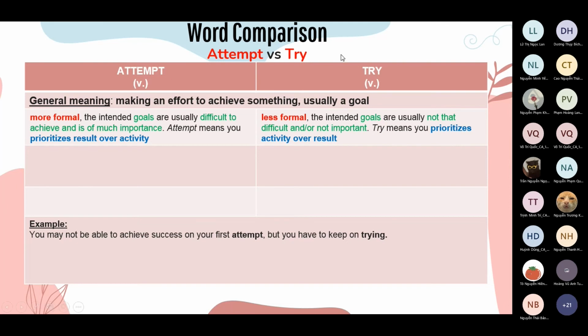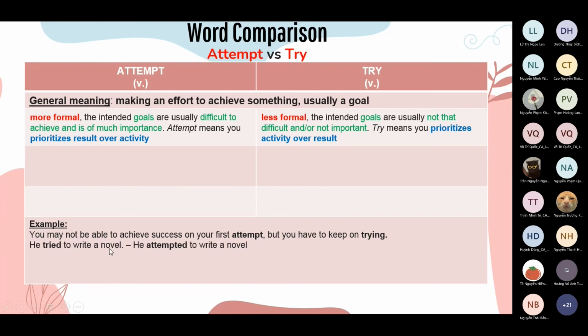Here, try means you prioritize activity over result. You care more about the activity, the enjoyment you can get out of it, more than what you can earn if you did that activity. So that's the first difference here.